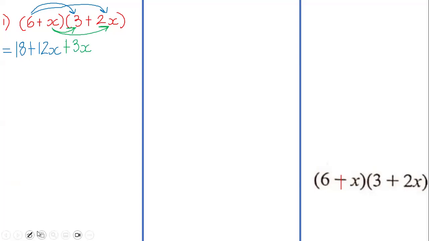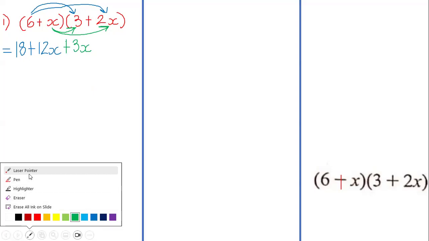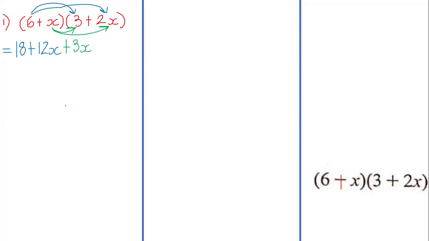Plus x times 2x is going to be what? So we have x times x, which gives us x squared. So that means x times 2x is going to be equal to what? 2x squared. 2x raised to the power of 2.